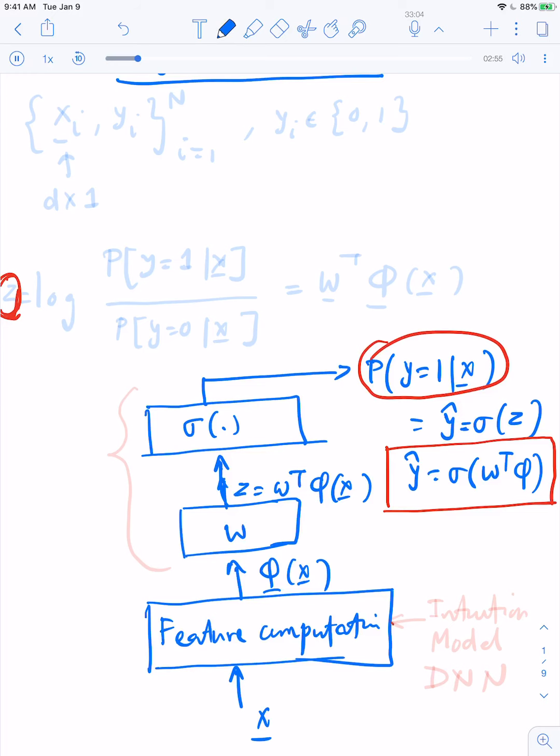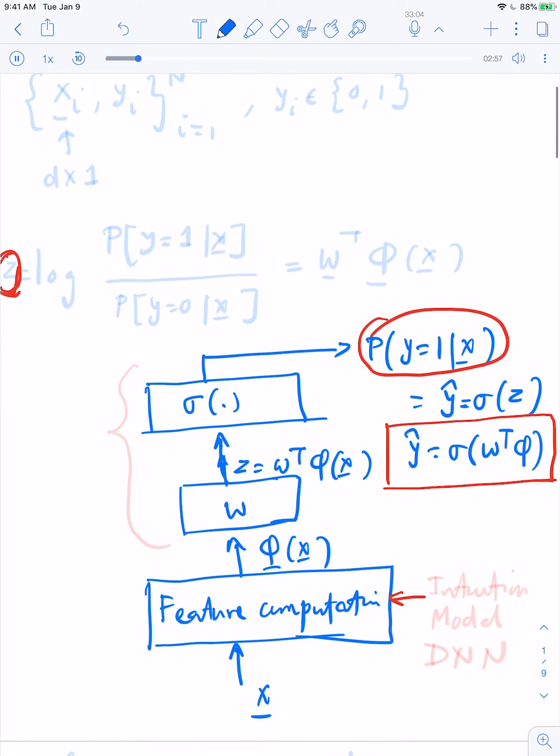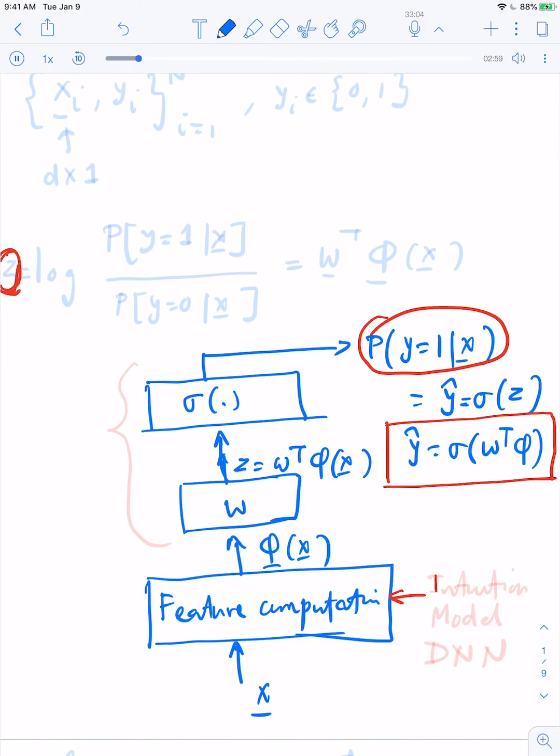As far as the features go, they could be based on your intuition. You could just pick a bunch of features. It could be based on a model, and we saw that for a Gaussian model in which the covariances could be different in different hypotheses, you would have both linear and quadratic terms in the features, or it could be learned. For example, it could be a deep neural network.